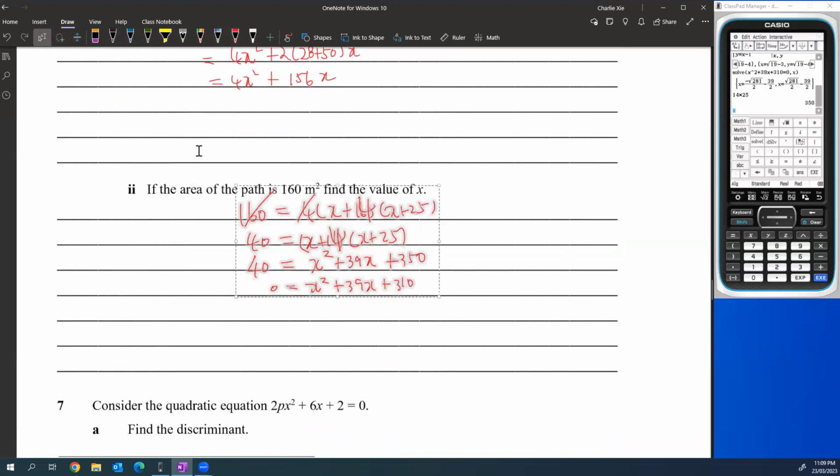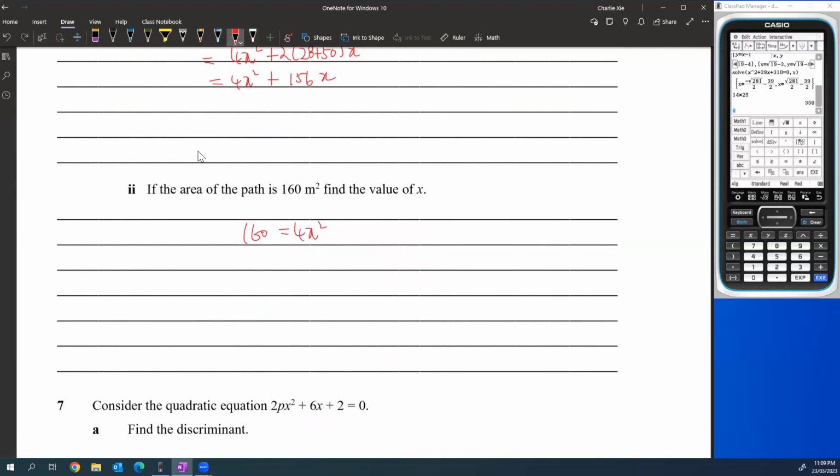Okay. Now the area, let's redo them. So the area becomes 160, 4x squared plus 156x. So 0 equals 4x squared plus 156x minus 160. They're all multiples of 4, divided by 4. x squared plus 39x minus 40.